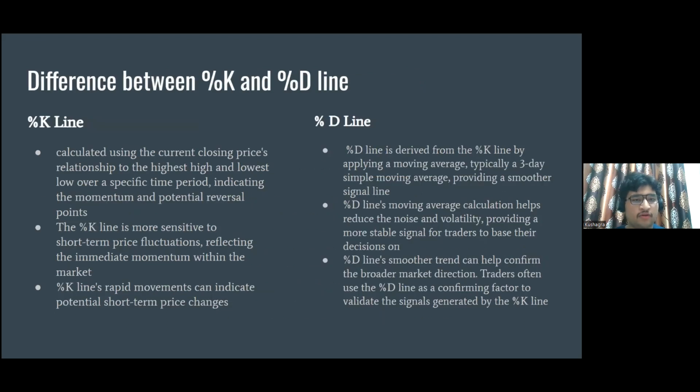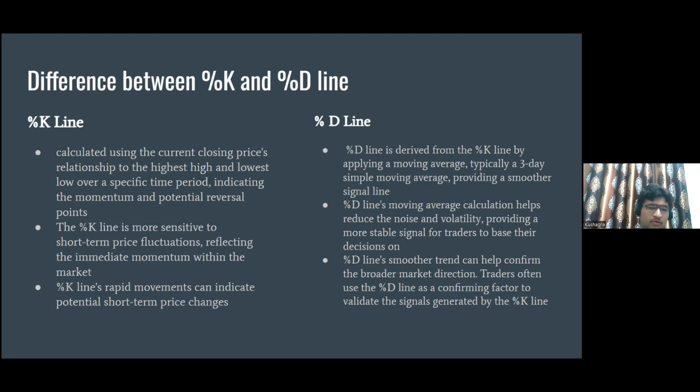Now coming on to the difference between the percentage K and percentage D lines. As we have already seen, there are two major parameters involved in stochastic oscillators, the percentage K and percentage D. Percentage K, as mentioned in the calculator, we have calculated using the current closing price and its variation over the highest high and the lowest low. The percentage K line is quite sensitive to short-term price fluctuation.